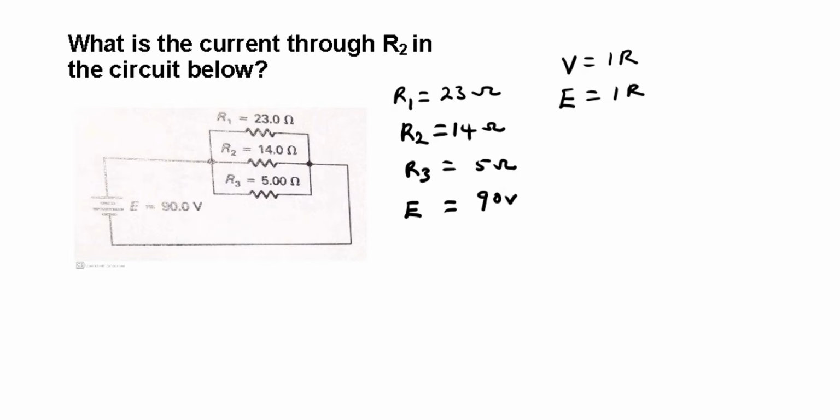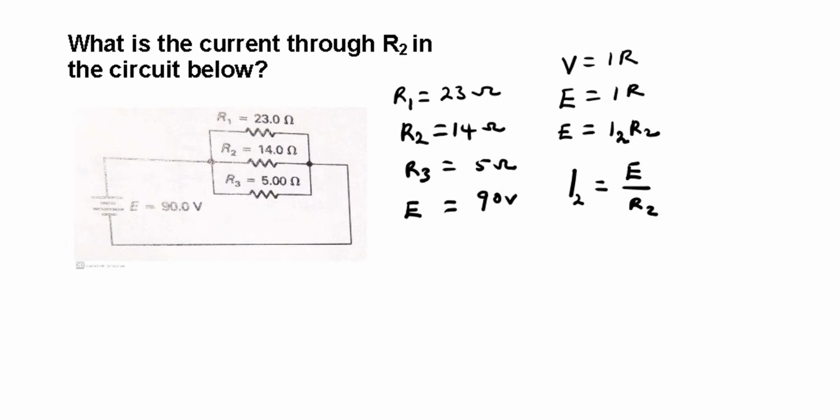Here, E equals I2 R2. It's asking you for the current flowing through R2. So we make the current flowing through R2 the subject of the formula. We will now have it as the EMF divided by R2.